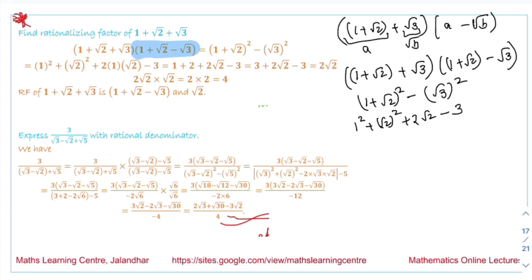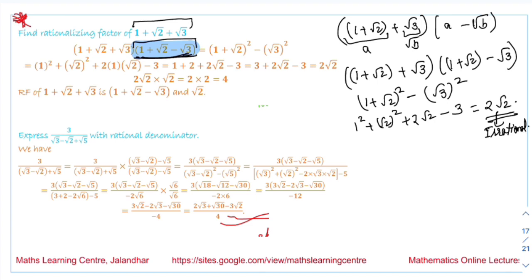So the answer that you will get is 2 root 2. If we multiply 1 plus root 2 plus root 3 with this particular expression, we get the answer 2 root 2, which is still an irrational number.